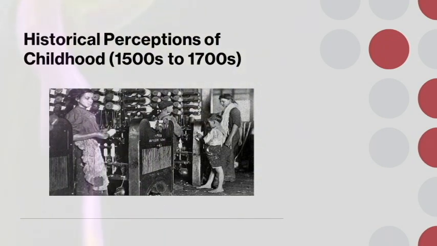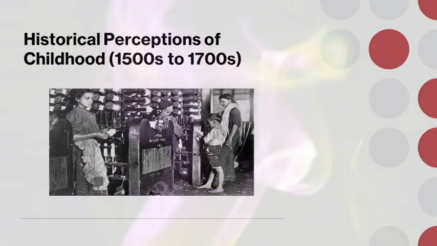So one of the first stages that we can think about is the lack of labor standards for children in England. Now, in England during the 1500s and the 1600s, there were really minimal regulations concerning child labor.